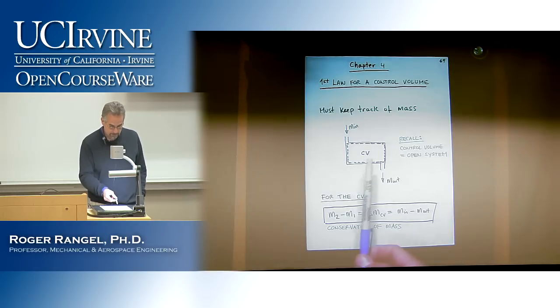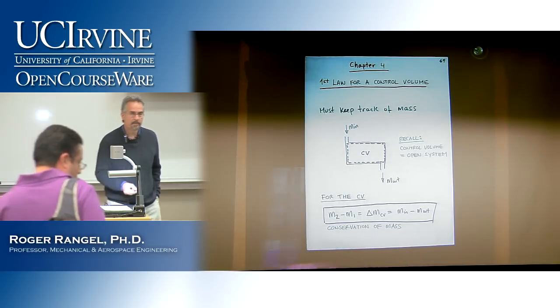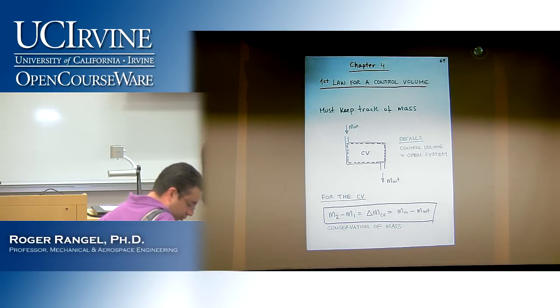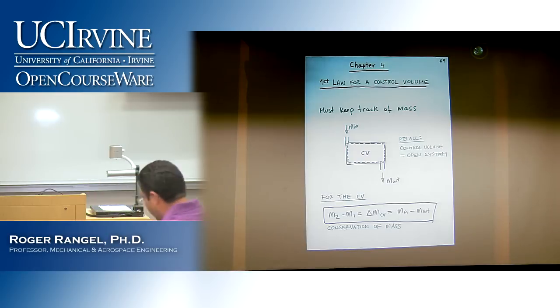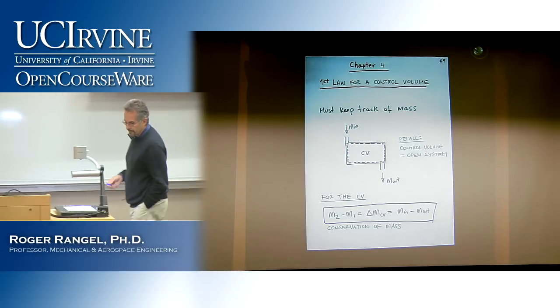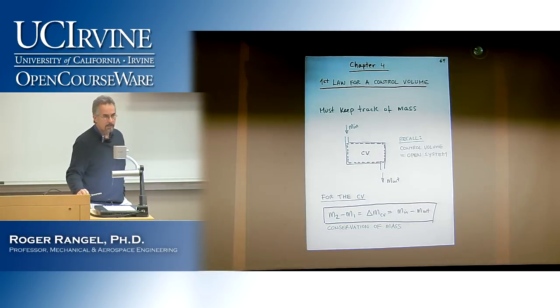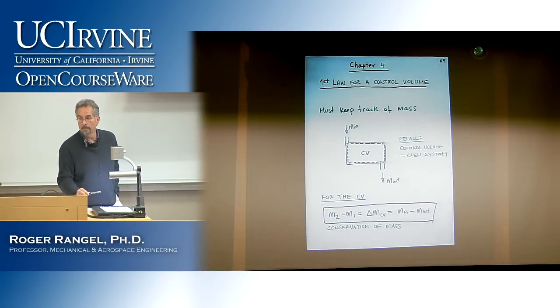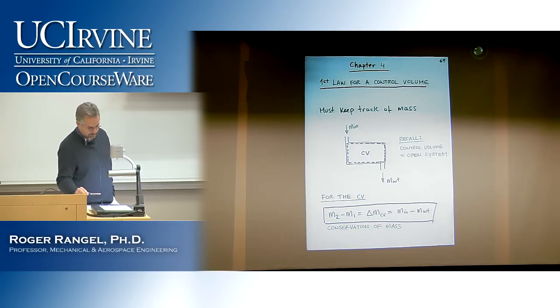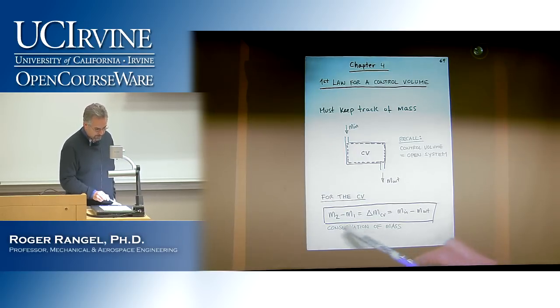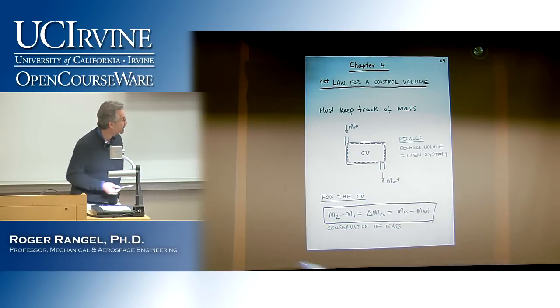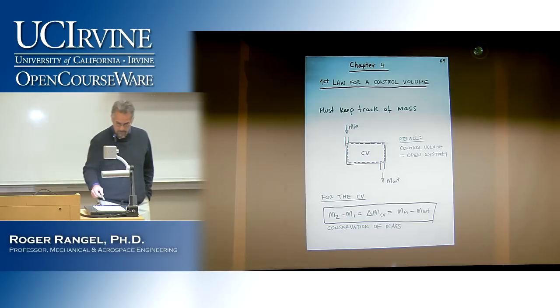And then think of the process the way we have been looking at them. So there is an initial state and a final state. So I could look at how much mass was inside the control volume at the initial state, and that would be m1. And I could look at how much mass was inside the control volume at the end state, m2, and just compute the difference, m2 minus m1, which is my delta m in the control volume.